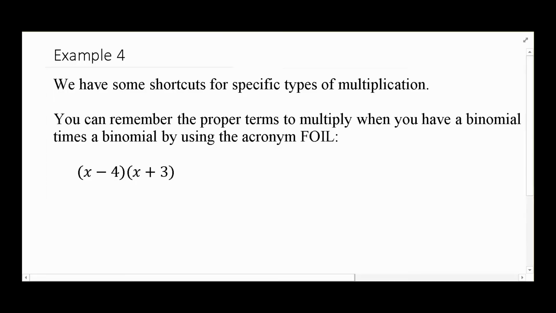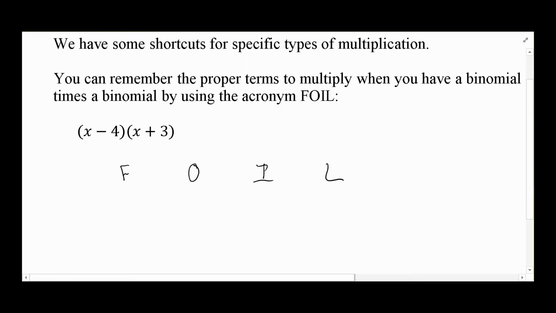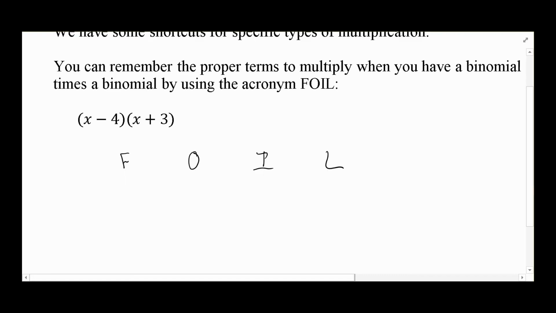So to use FOIL, we want to go ahead and say I need first, outside, inside, last. We're going to organize our work. And then the F, the first part, says let's multiply together the first term from each polynomial.